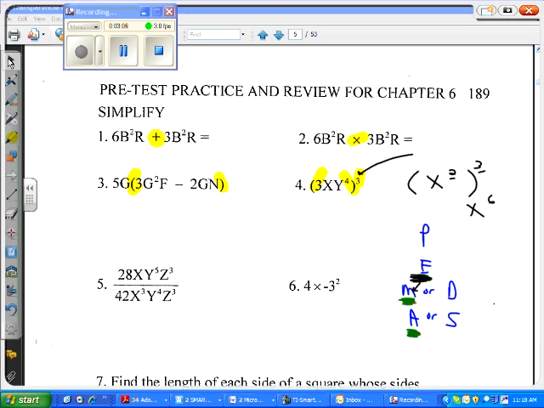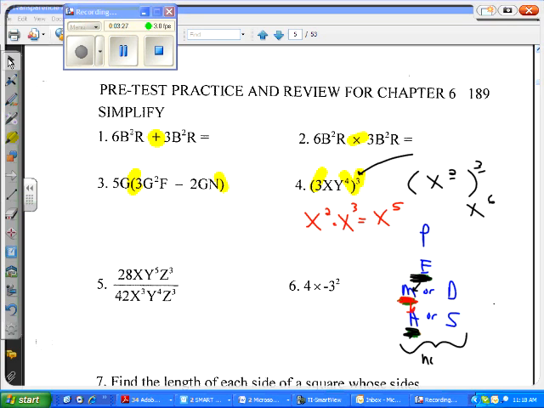And as we work our way down, when you multiply with like bases, you add. So if we had x squared times x to the 3rd, we would get x to the 5th. And then as we work our way down, when you add, there's nothing down there, is there?